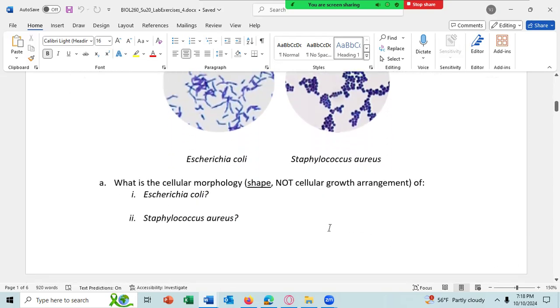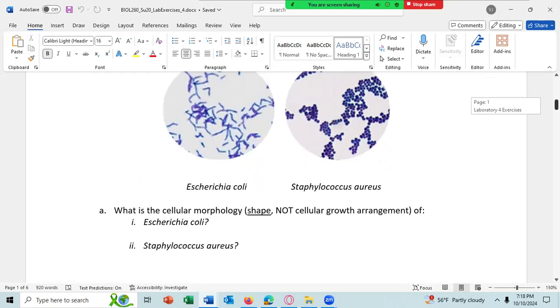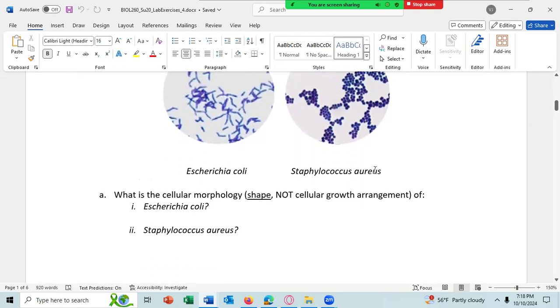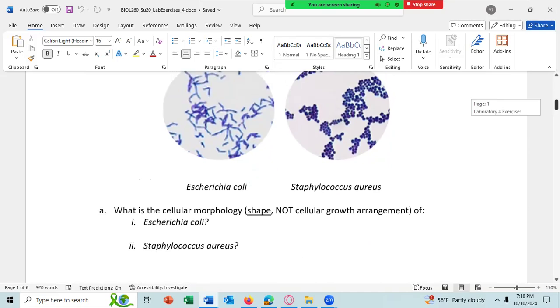Then answer question Procedure 2A. What question is that? Is that 3A? 3A. What is the cellular morphology seen of E. coli? So give me the shape, not the cellular growth arrangement. And I'll warn you, E. coli is not a spirillum.